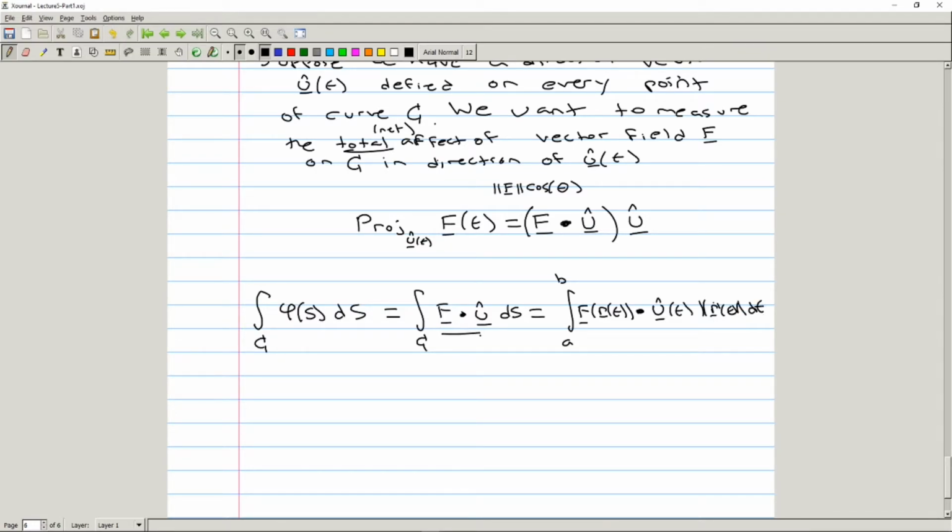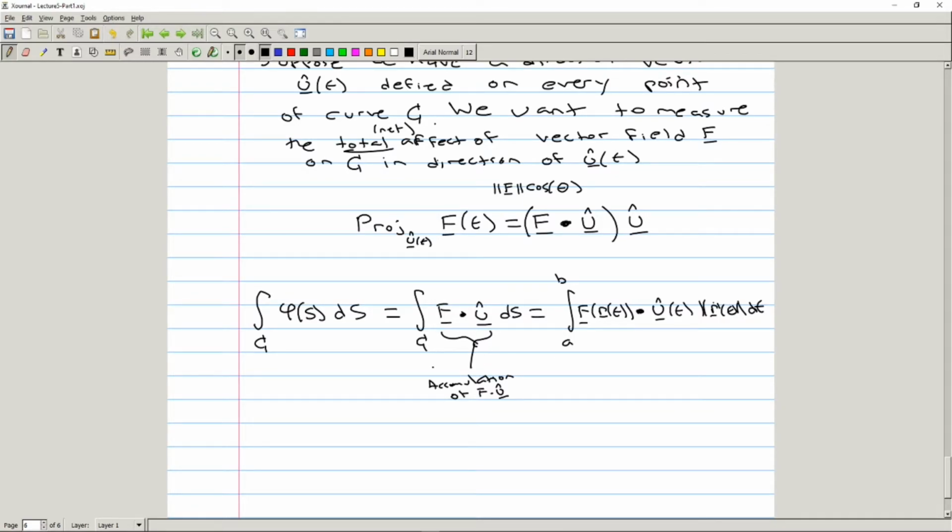All right, this component right here is saying take the accumulation of f dot u hat, or the net accumulation of the component of f in the direction of u hat along the curve C.